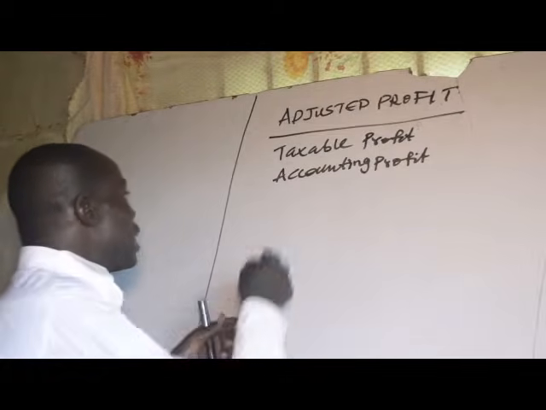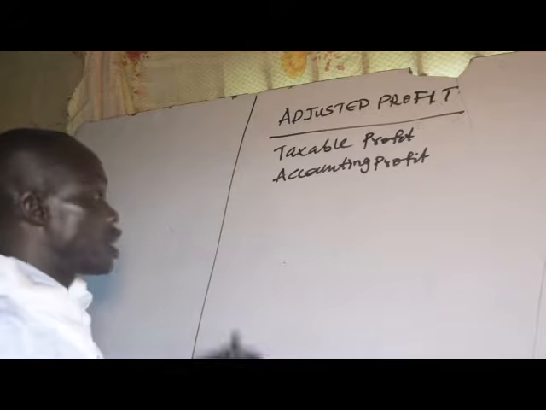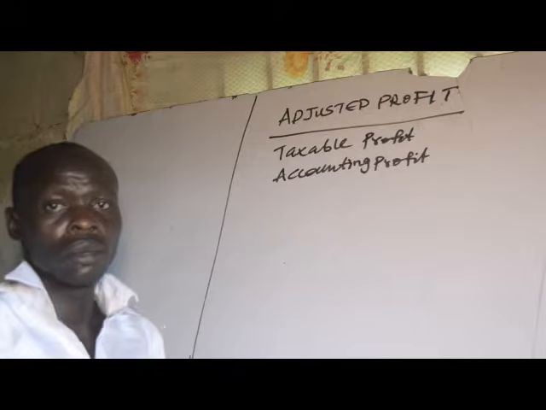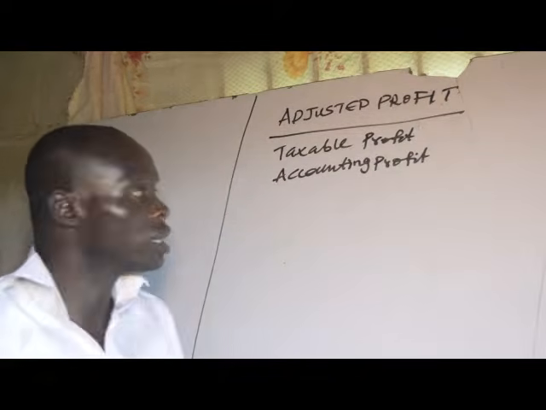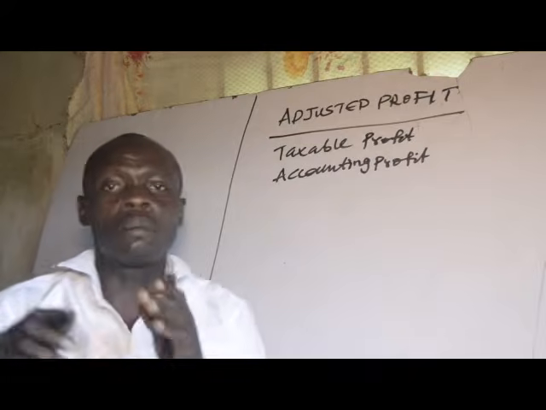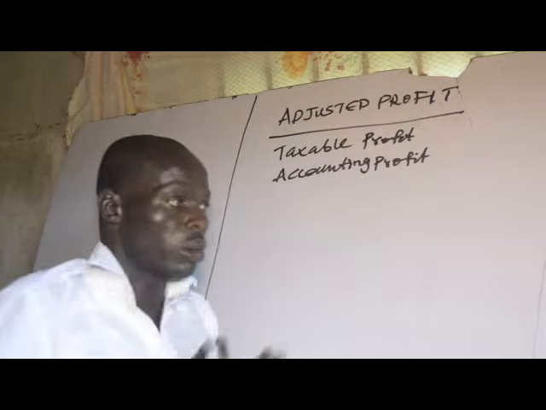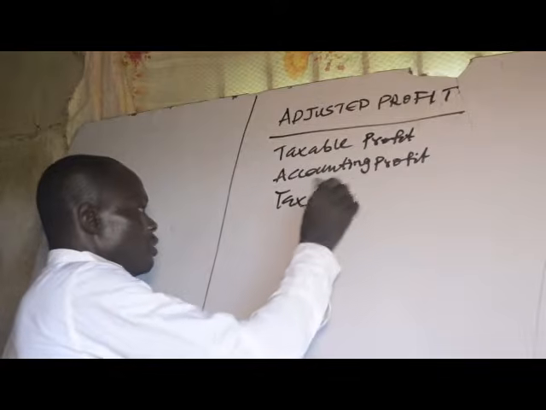On the other hand, taxable profit is the profit or loss that is computed in line with the tax provision. The profit or loss that is computed in line with the provisions of the tax laws is said to be the taxable profit.